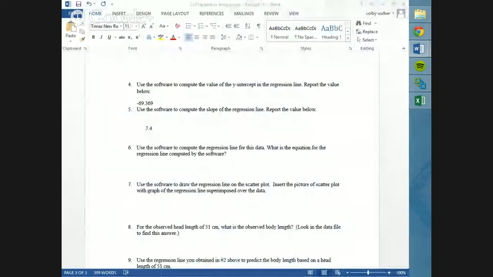Okay, next question. Use the software to compute the regression line for this data. What is the equation of the regression line? Do we already have that computed from what we have entered here? Yes.